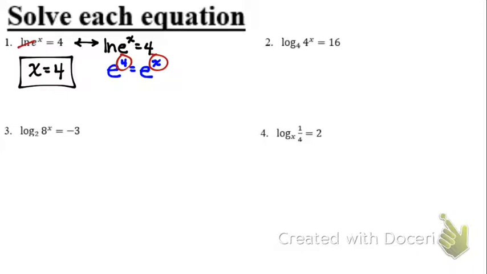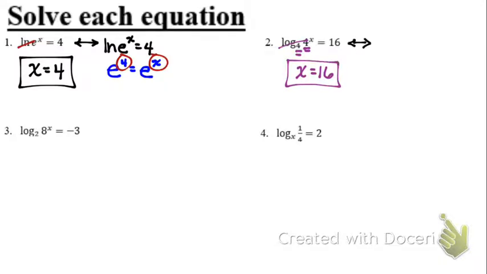So what about number 2? 16. Base of 4, argument of 4. That's going to cancel out because 4 to the first power gives me 4. So I get x equals 16.